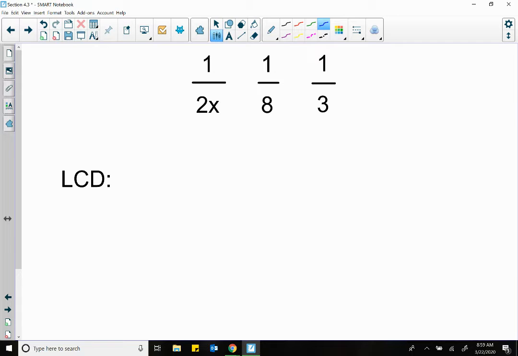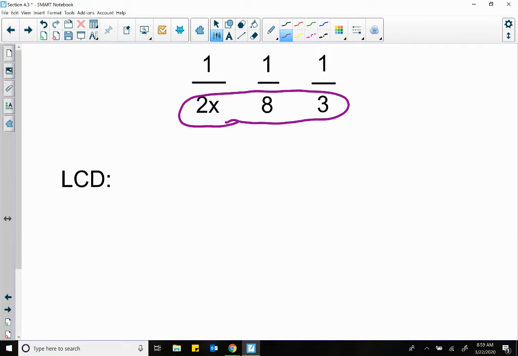Okay? So when I talk about the least common denominators, how I approach this is I say, look at all your denominators. We got 2x, 8, and 3. We don't care what the numerator's doing. We just care about finding that least common denominator. Okay? So to find that least common denominator, here's my trick for you.